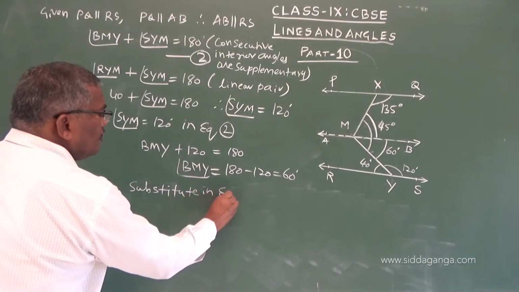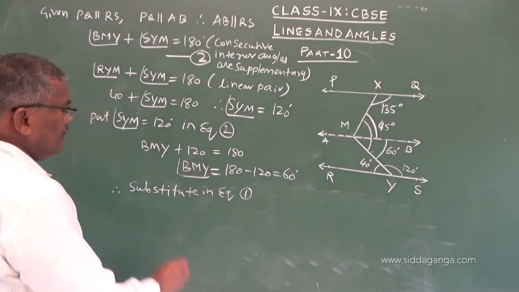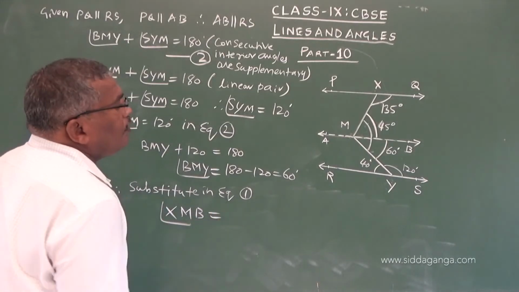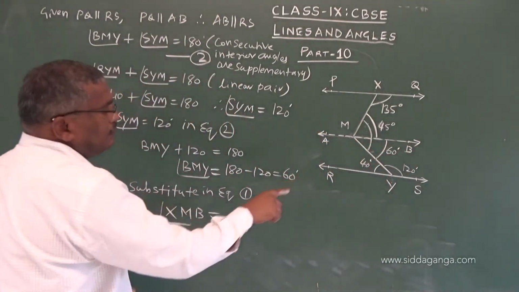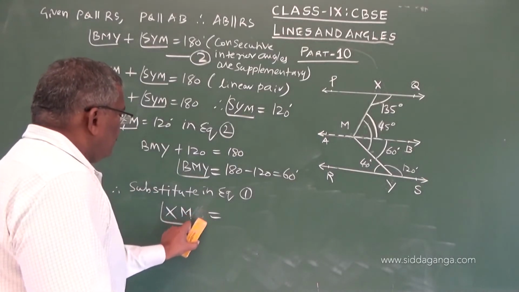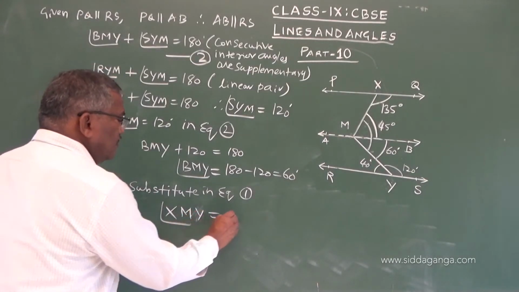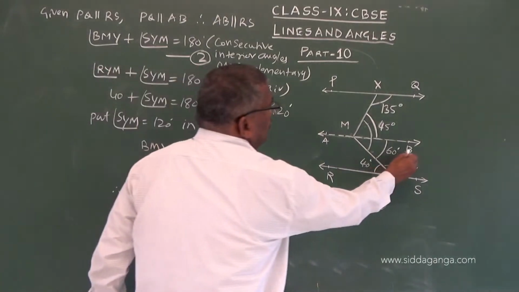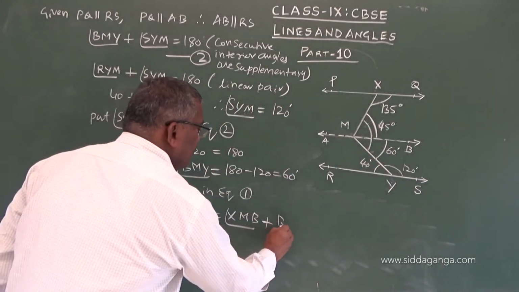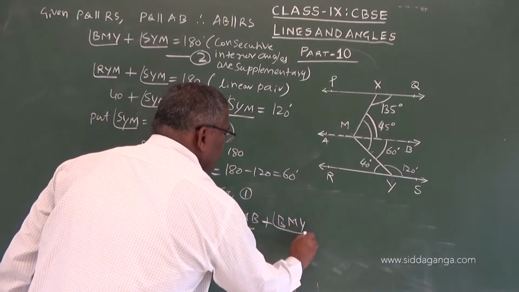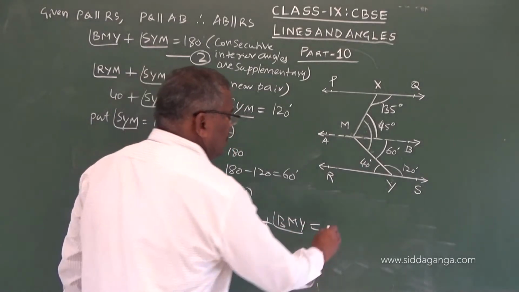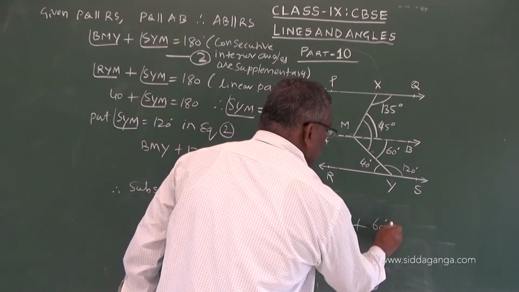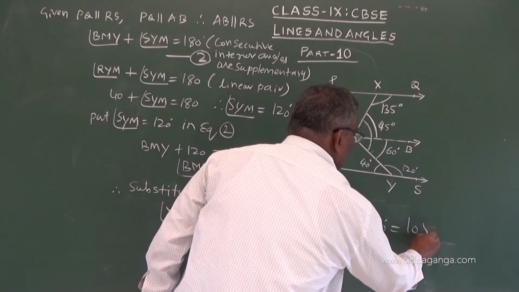XMY equals XMB plus BMY. So this equals 45 degrees plus 60 degrees, which equals 105 degrees.